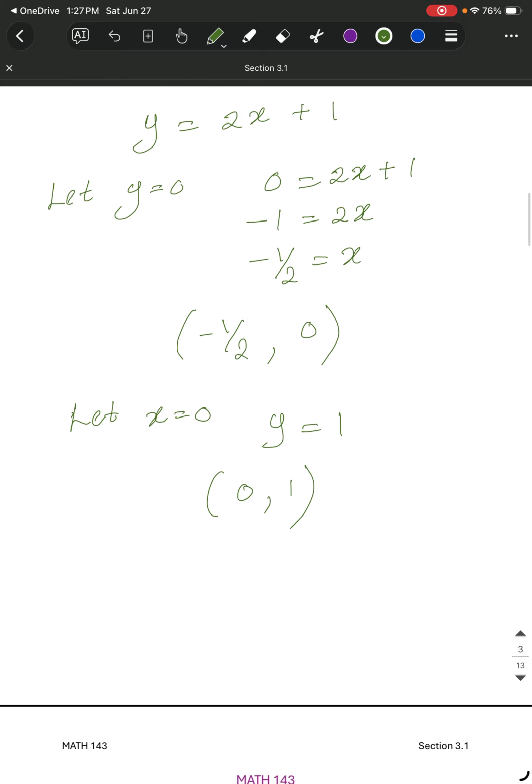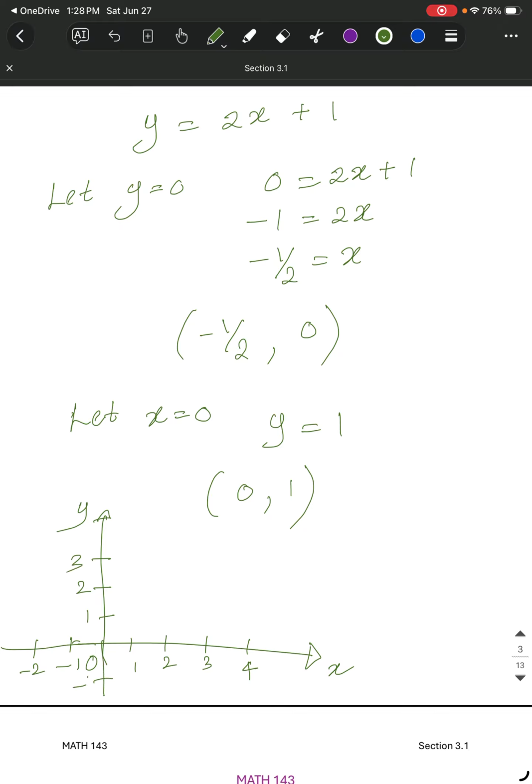Okay, then let's draw the graph. To draw a straight line, we know that 2 points are enough. Draw the x-axis and y-axis.